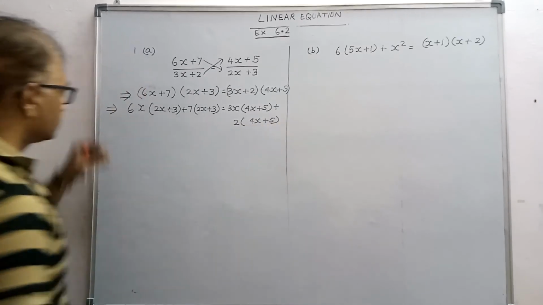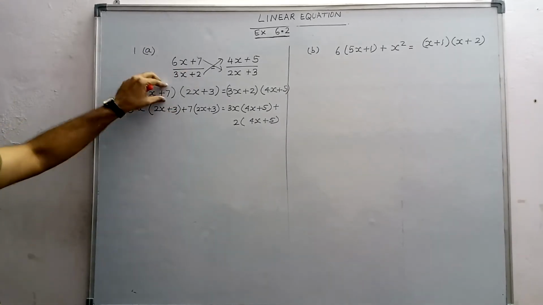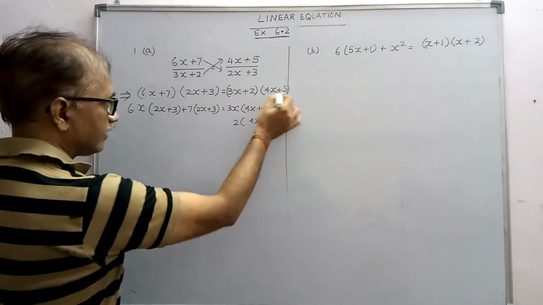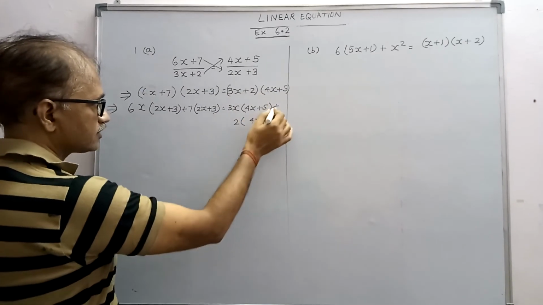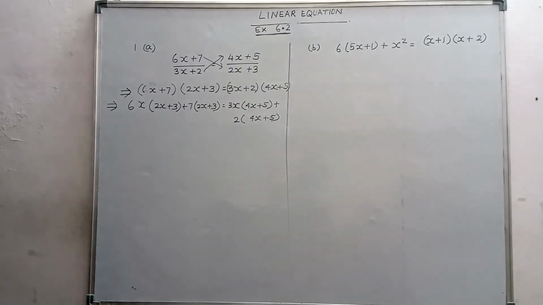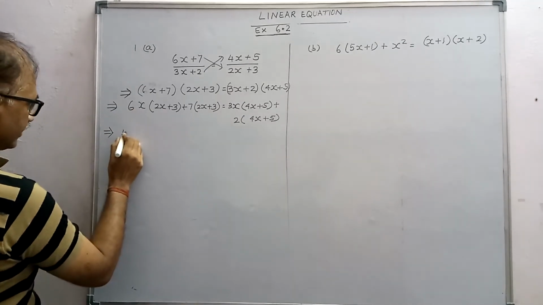Okay, so this expression multiplied by this whole bracket, then plus sign, 7 multiplied by this whole bracket. Similarly 3x multiplied by 4x plus 5, plus sign, 2 multiplied by 4x plus 5.